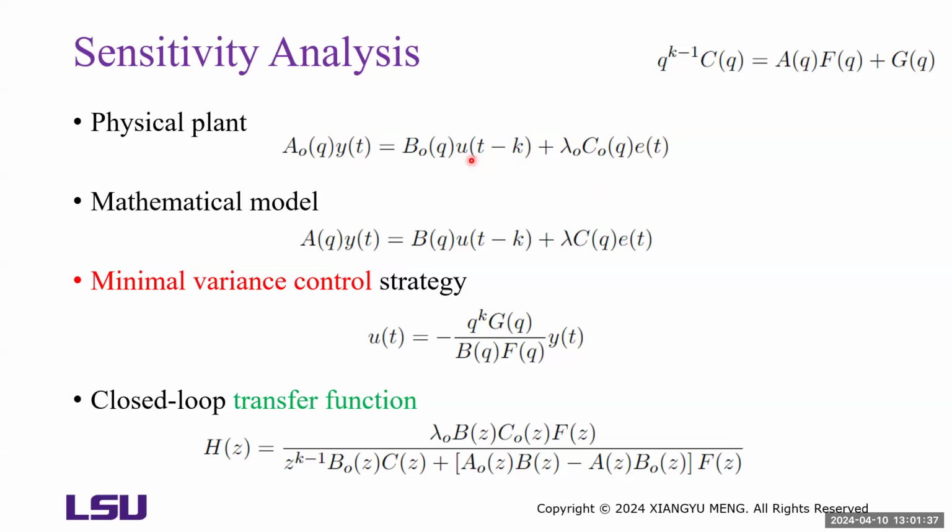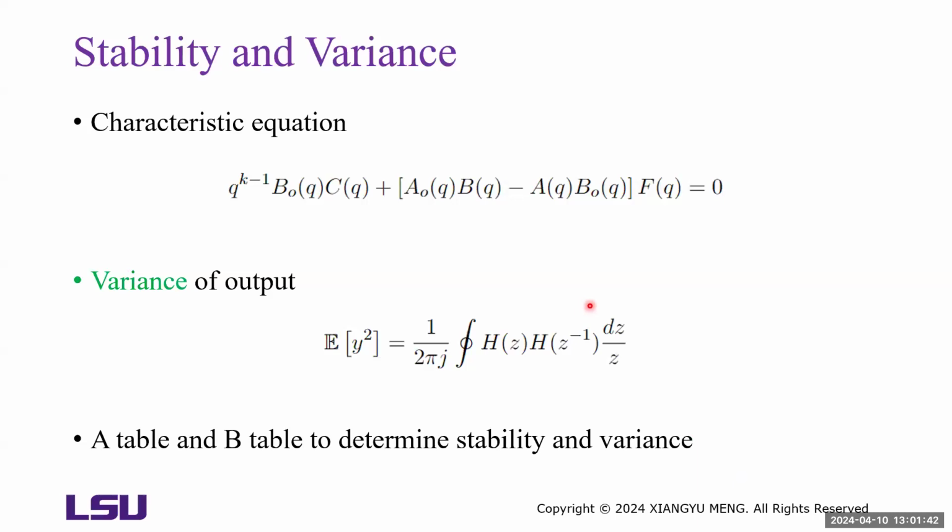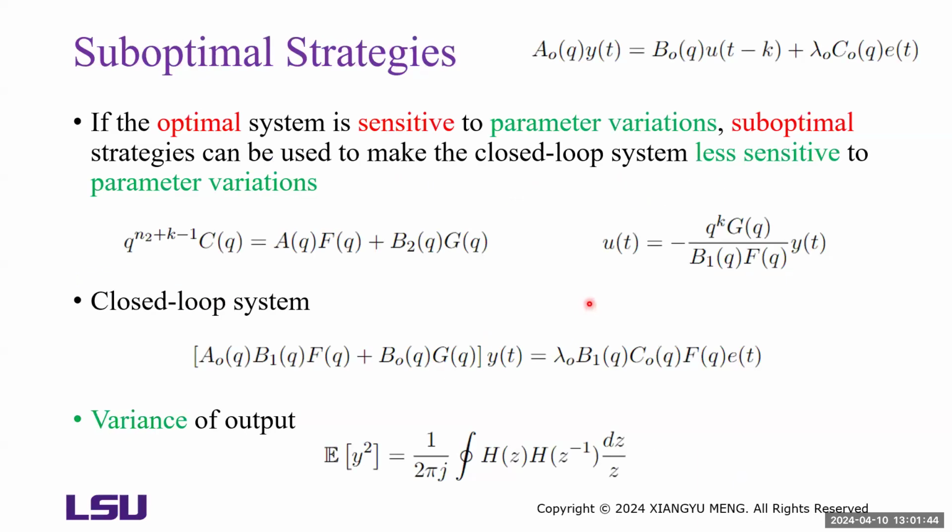This is called robustness. But if the optimal system is sensitive to the parameter variations, then suboptimal strategies can be used to make the closed loop system less sensitive to parameter variations.